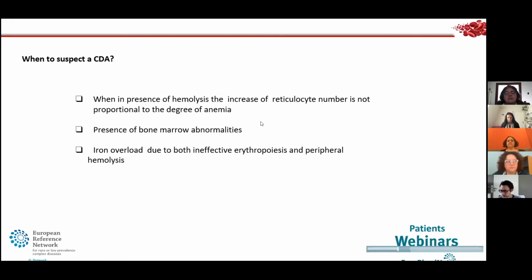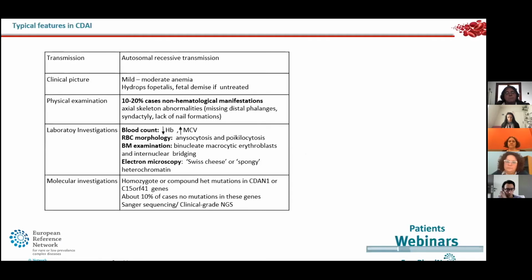Then the second aspect is that we can find some bone marrow abnormalities, as Noemi explained. And the third point is that in this disease we often also find a deposition of iron, so we find iron overload. This is due to ineffective erythropoiesis, so altered red cell production, and hemolysis.